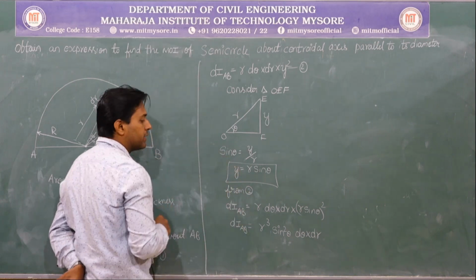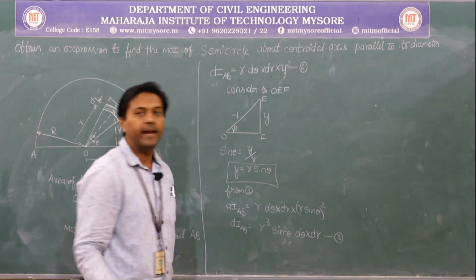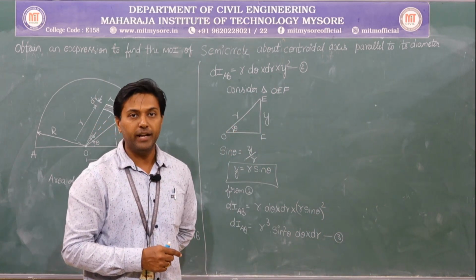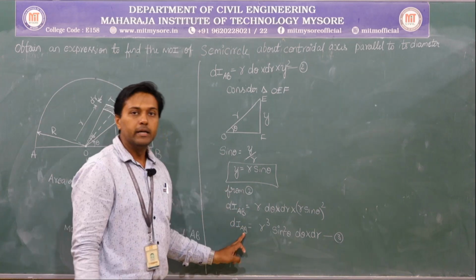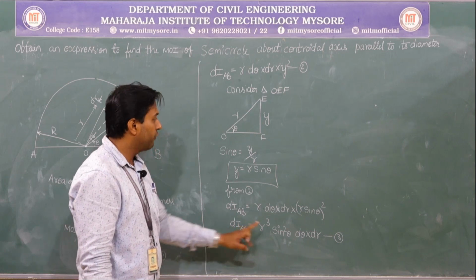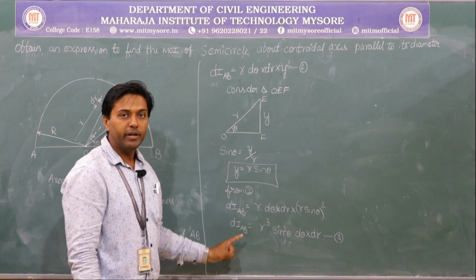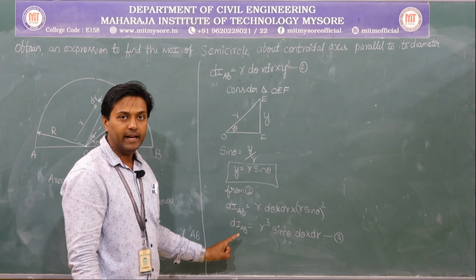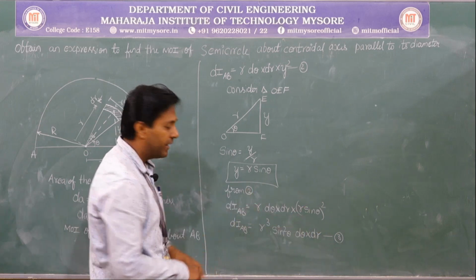Now the moment of inertia for the entire area is obtained by integrating equation 3. I have taken the moment of inertia of this elemental strip, but I want it for the entire area. Yes or no?